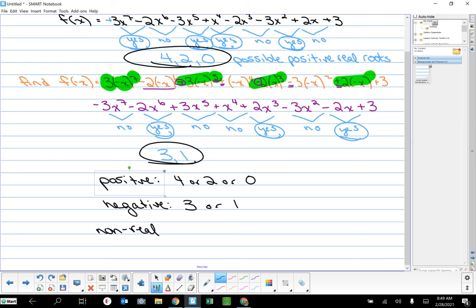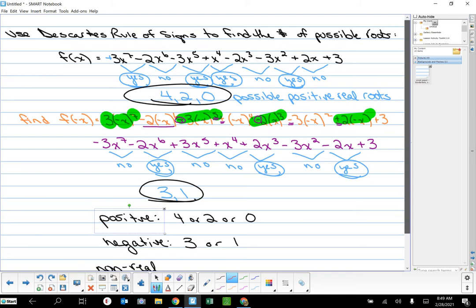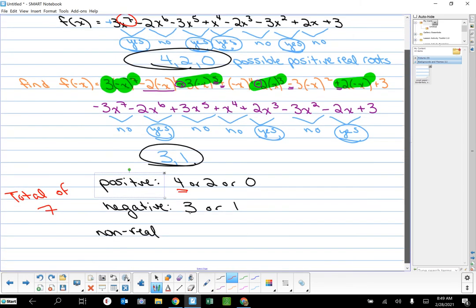All right, now let's look at what happens. How many total should I have? I should have a total of 7 roots. So if I have 4 and 3, that means I would have 0 non-real. I'm just going to make a list over here. But what if I had 4 and 1? Well, that's only 5, then I would need 2.